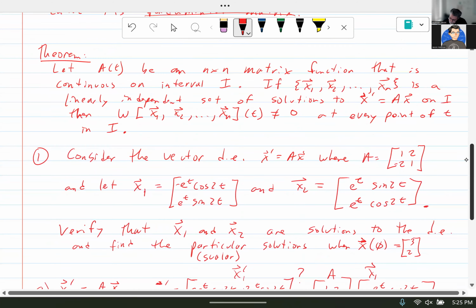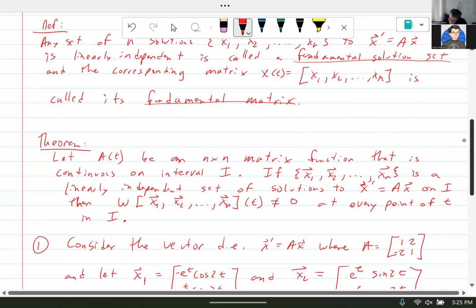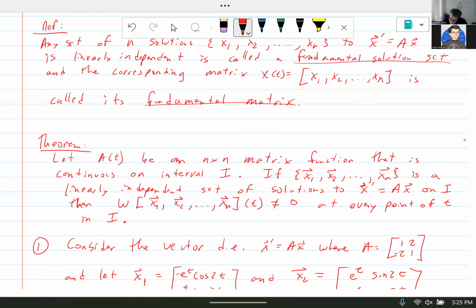Okay, so let's go back to the theorem. Let A of t be an n by n matrix function that is continuous on a real line. If x1, x2 is a linearly independent set of solutions, then the Wronskian is nonzero at every point.